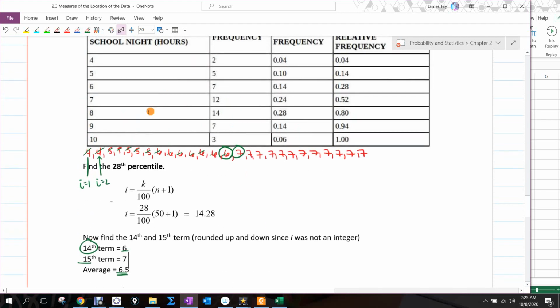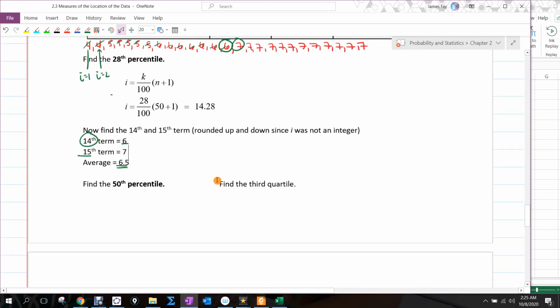So the 50th percentile will be i equal to k, which is 50, over 100, times 50 plus 1. That's 1/2 times 51, so 51 over 2, which is 25.5.